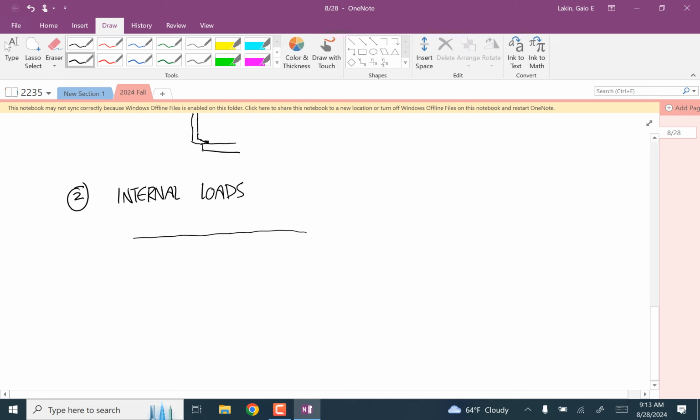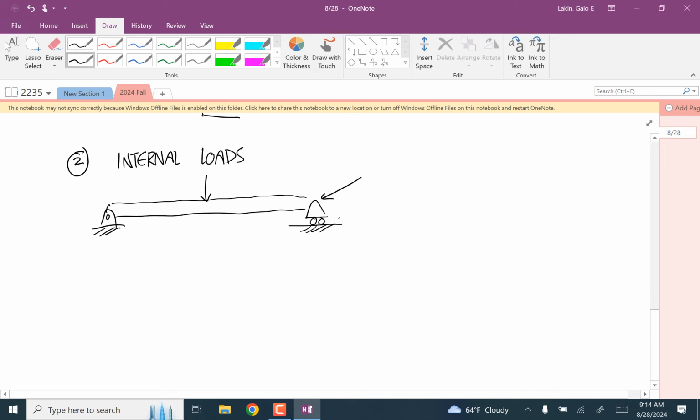And so if you have a beam like this, and you have a force here, something like this, and you're applying a force like that, what are the loads applied to the material, not by the outside, but by the adjacent material?